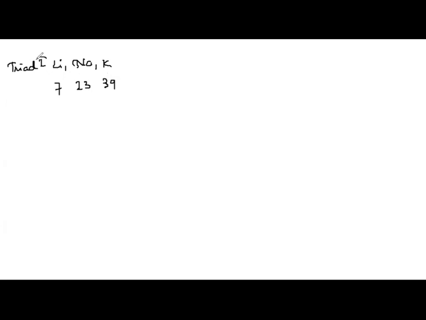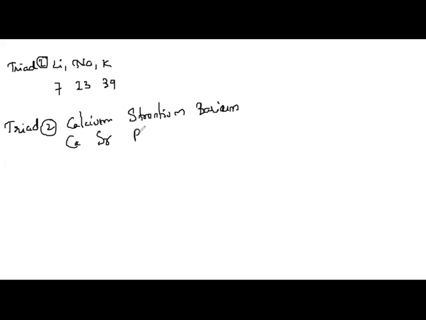The second triad he gave was calcium, strontium and barium, that is Ca, Sr and Ba. The atomic mass of calcium is 40, strontium is 87.5 and barium is 137.